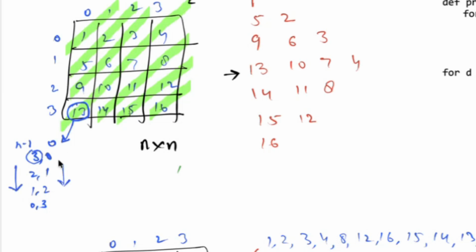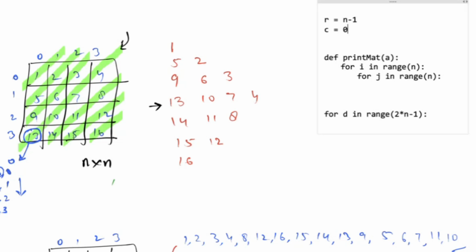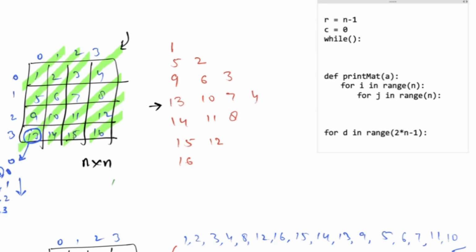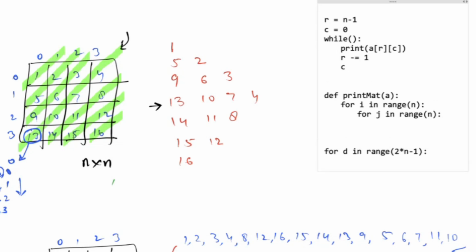So let's say initially we start with row equal to n minus 1 and column equal to 0. And then while some condition is true, we'll come to the condition later, we print A of R, C, and then after printing, we do R minus minus, which means R minus equal to 1, and column plus plus, which means column plus equal to 1.